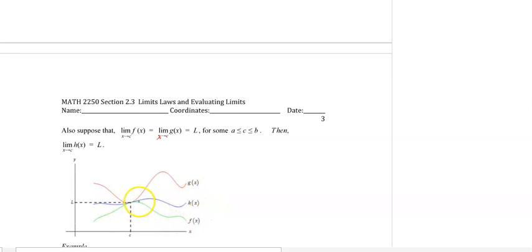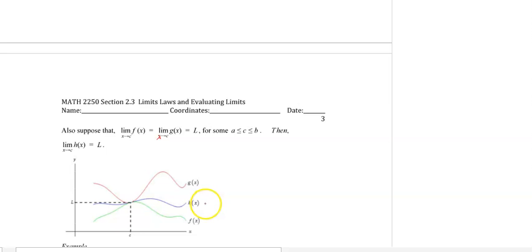And the upper and the lower functions, as they approach this x value c, are the same value, L. And if the h of x function is between these g of x and f of x functions, then these two functions will squeeze the h of x function to being the same limiting value.